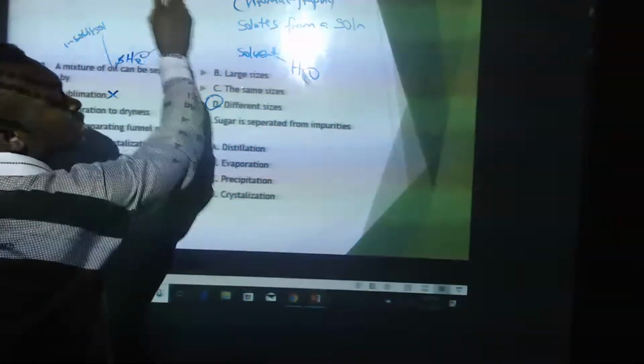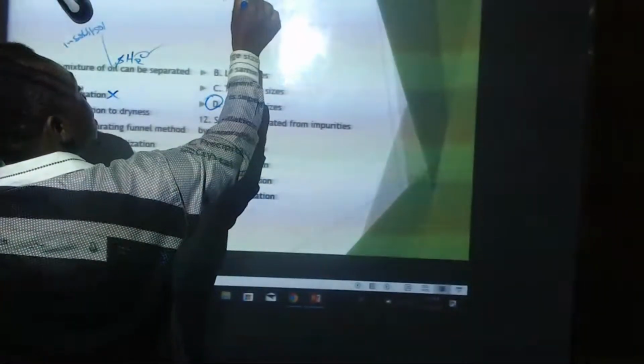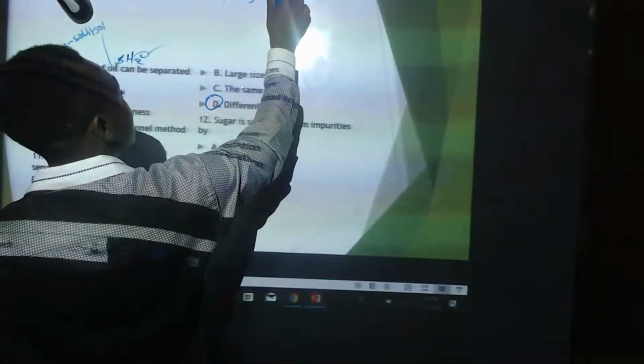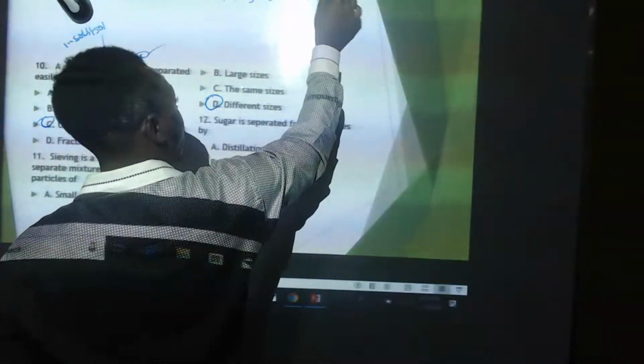Now there's another one I actually forgot to say, magnetic separation. This one just separates magnets from non-magnets.